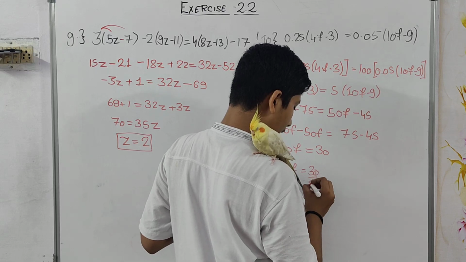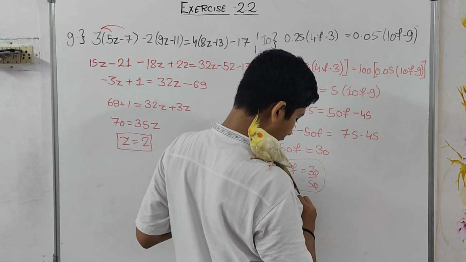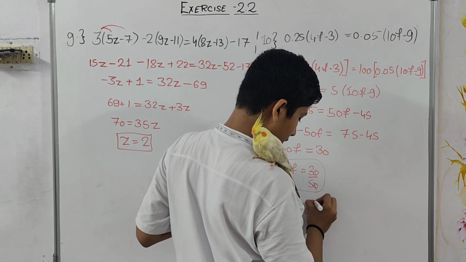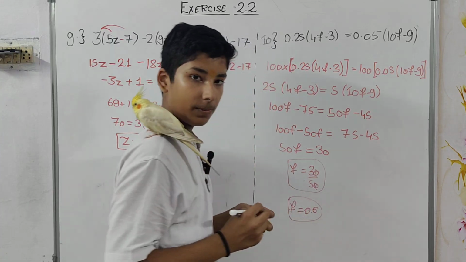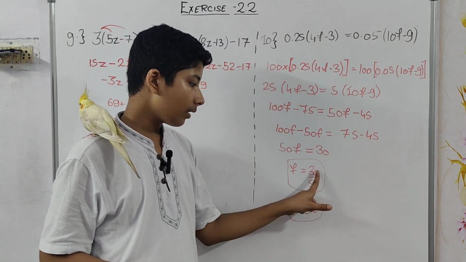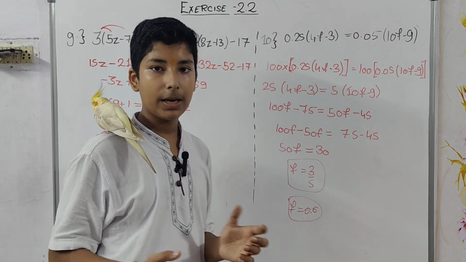Cancel. You can leave it as f equals 3 by 5 or you can write f equals 0.6. Both the answers will be correct whether you write in decimals or in normal fractions. Okay, this will be our answer.